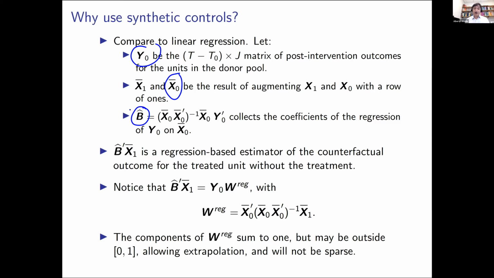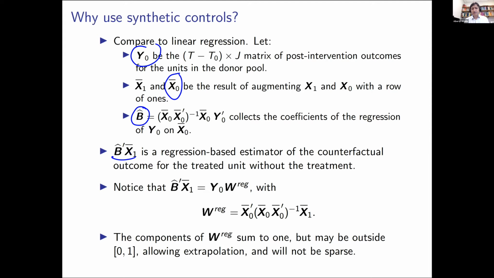Now, how am I going to use this to calculate a regression-based estimate of the counterfactual of interest? That is, what would have happened with the treated unit in the post-treatment period without the intervention. That's going to be my usual regression estimate, beta hat multiplied by the characteristics of the treated unit.